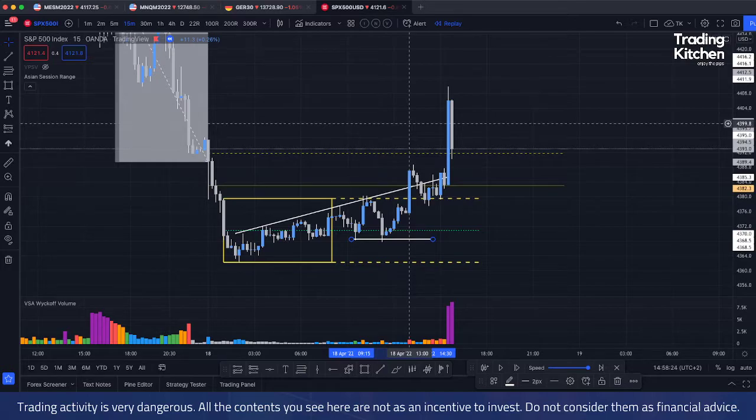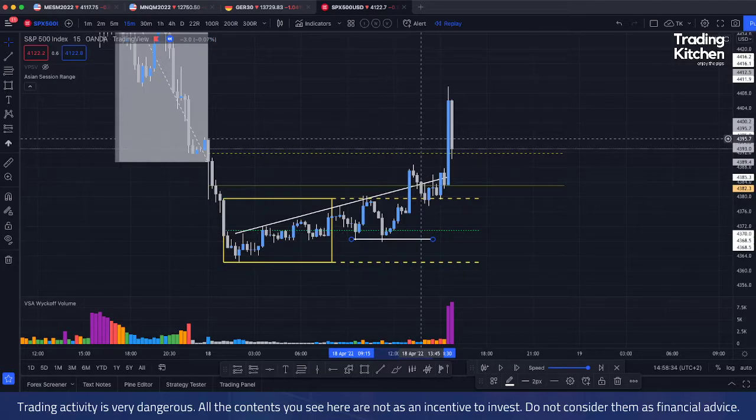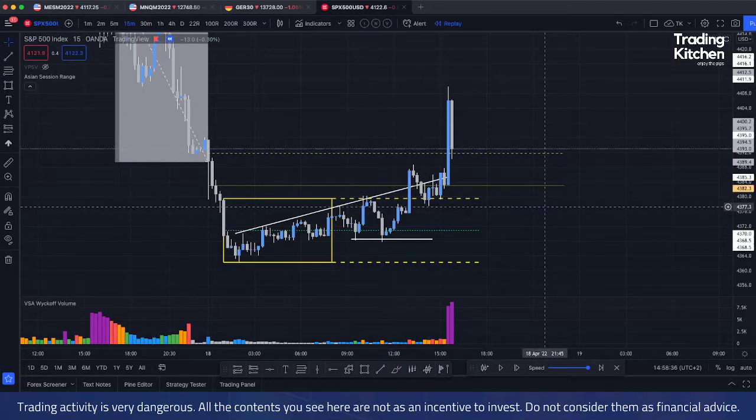You cannot see this kind of manipulation very often in this area. It means that probably this is not a manipulation, so probably price wants to go long. That is the reason why I did not take any trade here.